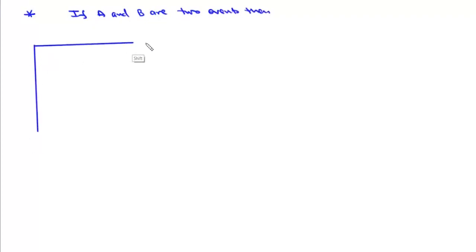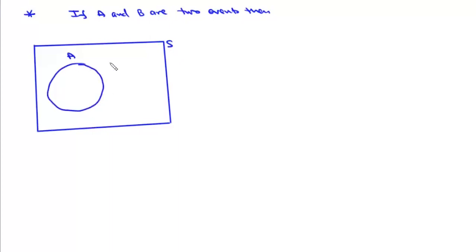Now we'll discuss some conditions on two events A and B. So if A and B are two events, then we can represent them using Venn diagrams. This is sample space.